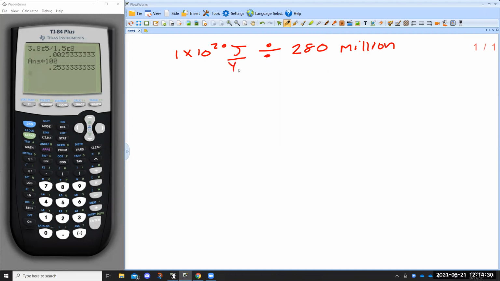This is per year. So this is 1 times 10 to the 20th joules per year per 280 times 10 to the 6th people.